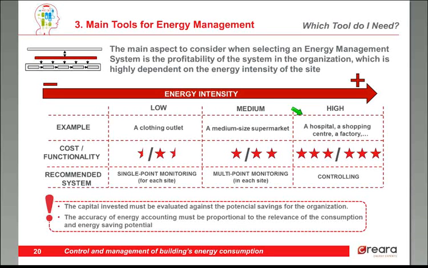So this is a very important message, probably the most important one of the presentation, and also is one of the key cornerstones in the debates currently in Europe, which is how useful super complex or super sophisticated energy management systems are.